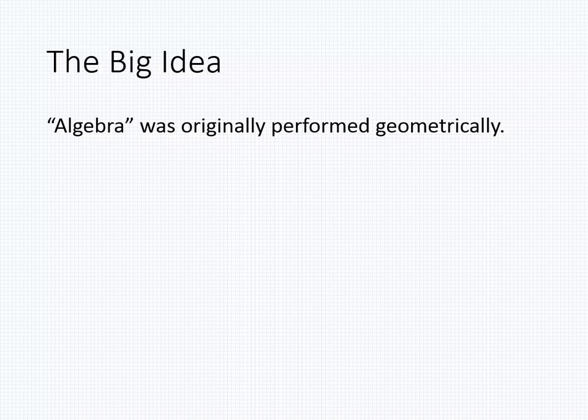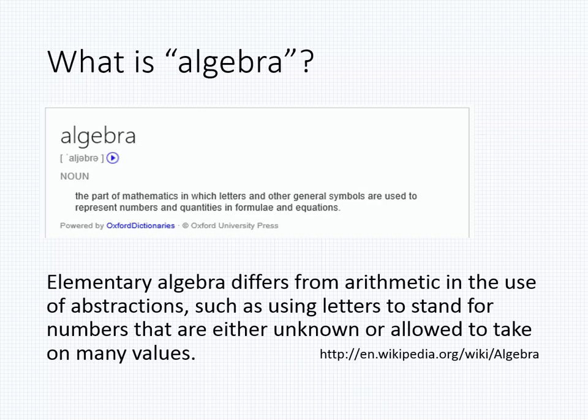Well, what is algebra? Let's step back and ask ourselves, what is algebra? I did a quick web search and I found that algebra could be defined as the part of mathematics in which letters and other general symbols are used to represent numbers and quantities in formulas and equations. Wikipedia gives a similar definition.